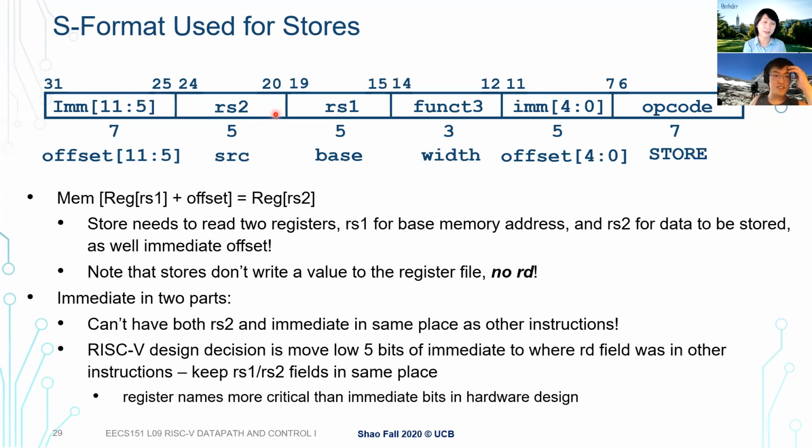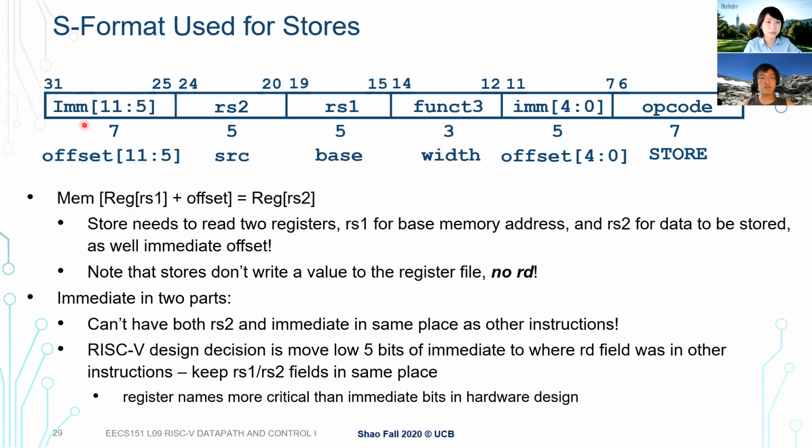That will be one of the registers. And in another register, we need to specify what data we need to store to memory. So for the store instruction, we still need two source registers here. In this case, we use the first register, RS1, to specify the base of my memory access.